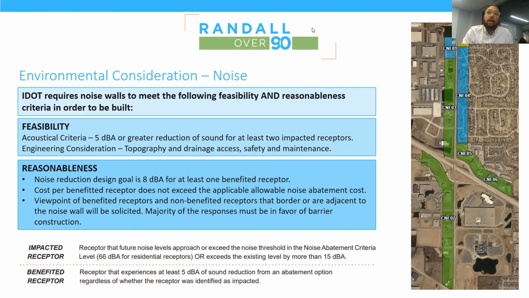The 2 ways that you can get an impacted receptor is if the project is 15 decibels louder than the no build, or the existing condition, or the project does not meet that noise abatement criteria, which for a residence is approaching 66 decibels. Let's say that neither of those 2 things happen, then the study is done. You wouldn't go into the barrier analysis.